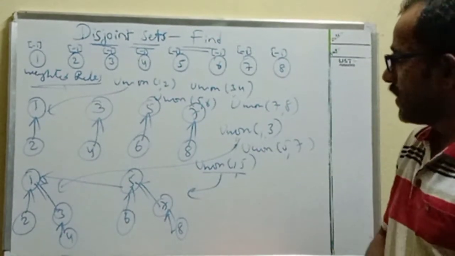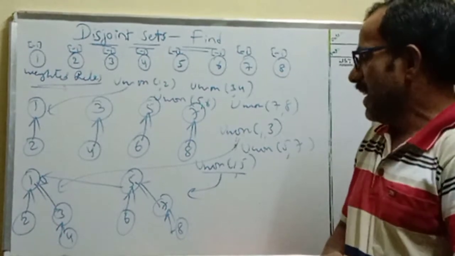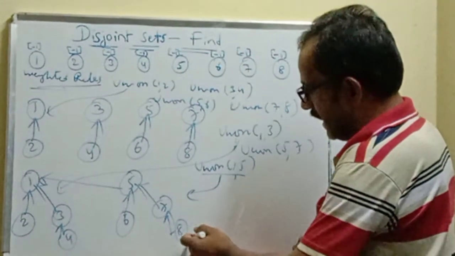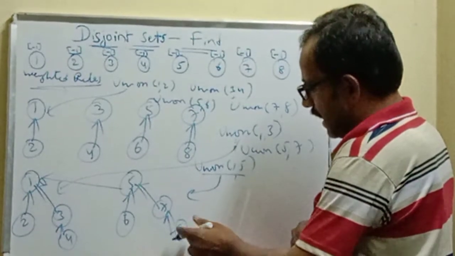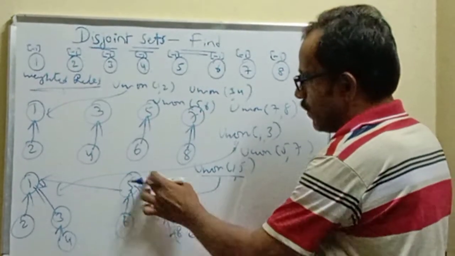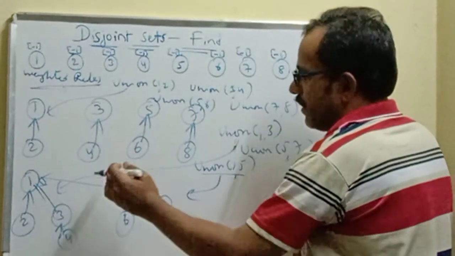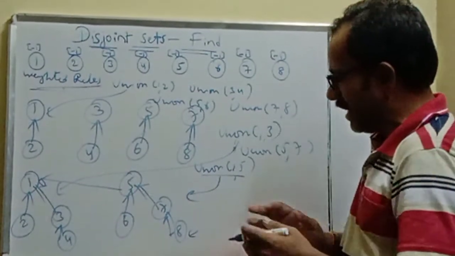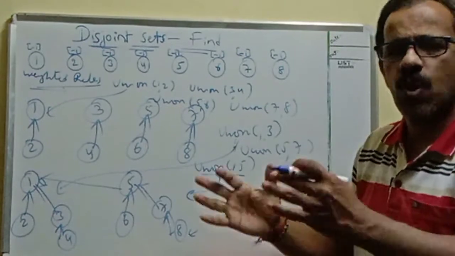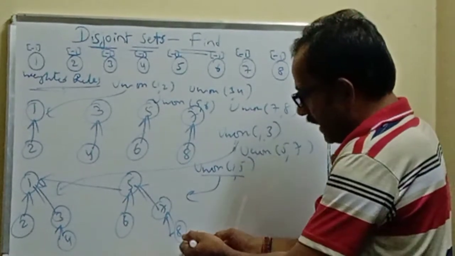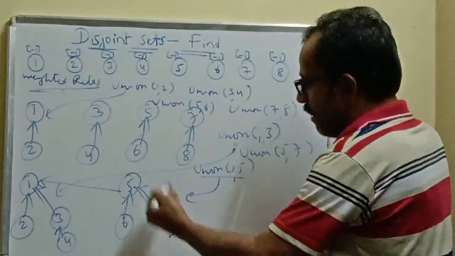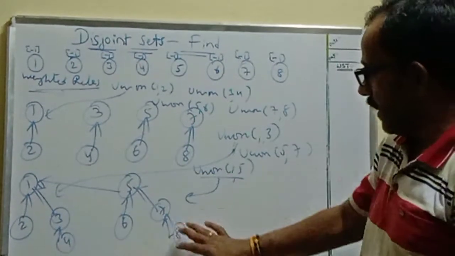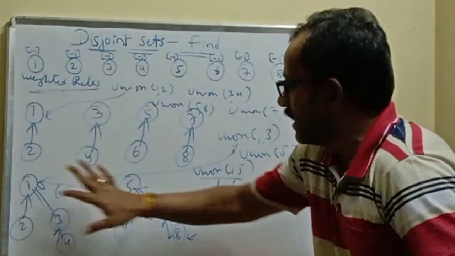But here, if you apply the simple find procedure, if you want to search 8, then start from 8 and find out how many levels we need to traverse to reach the root node. Suppose any application requires 8 many times, then you must start at 8 and traverse upward until reaching the root node and display the root node, because this particular node is there in this tree.